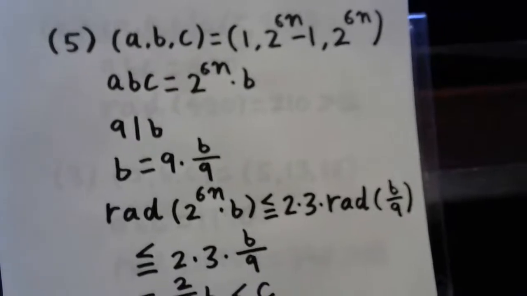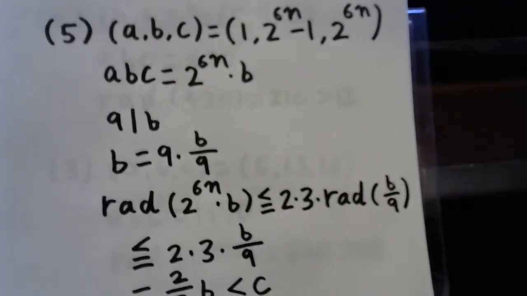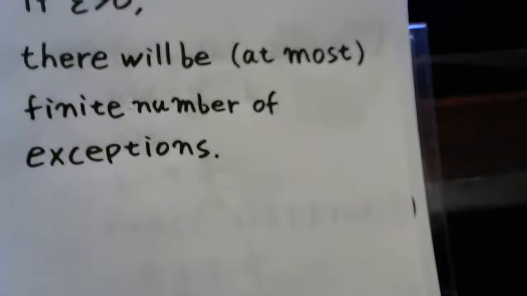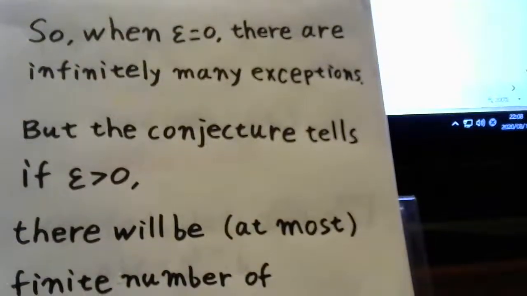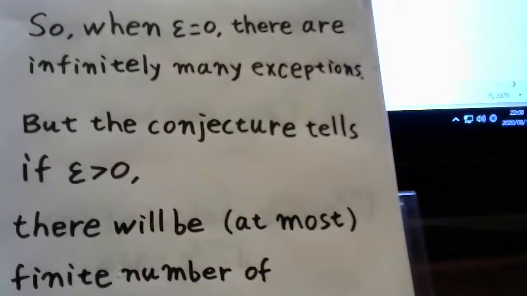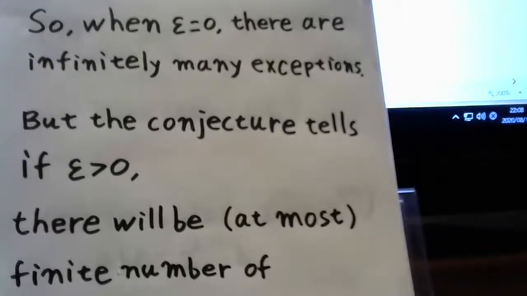So when epsilon is 0, there are infinitely many exceptions.